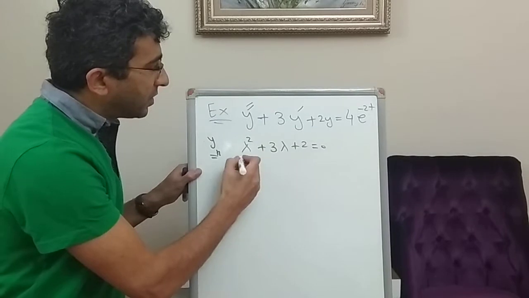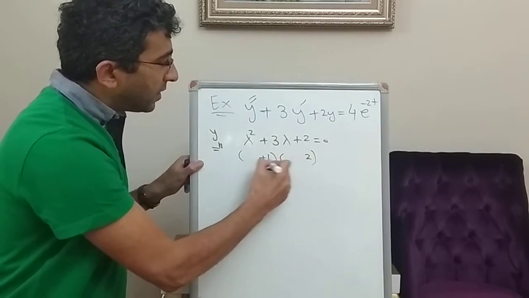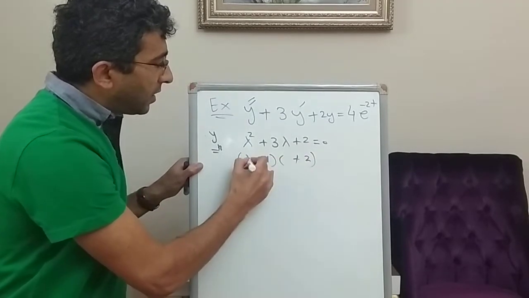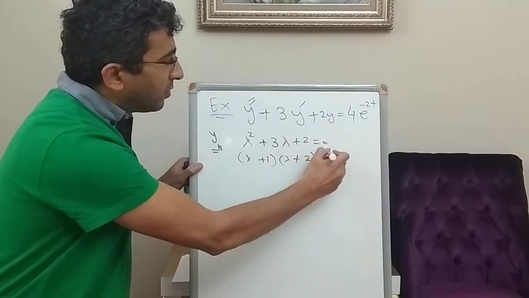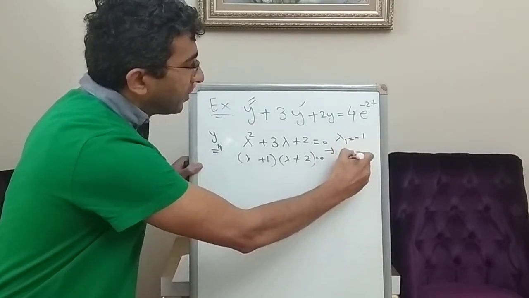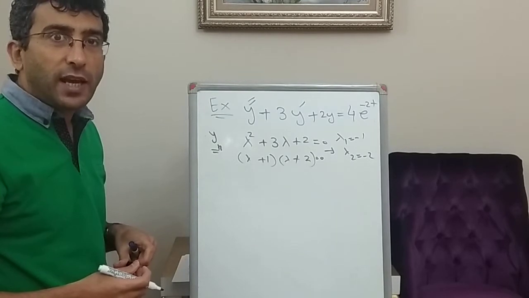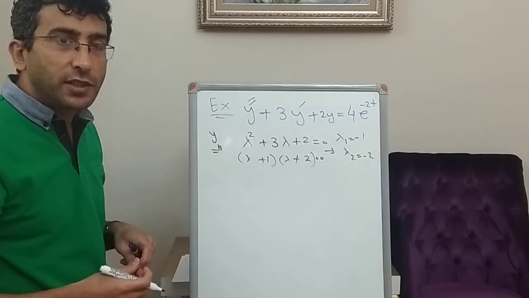If you solve this, you will obtain two roots. From here, lambda 1 is equal to minus 1, lambda 2 is equal to minus 2. Okay, so I have two real roots and they are not equal.